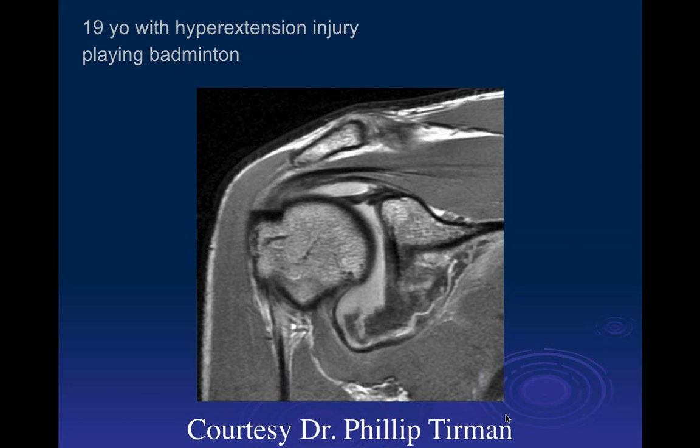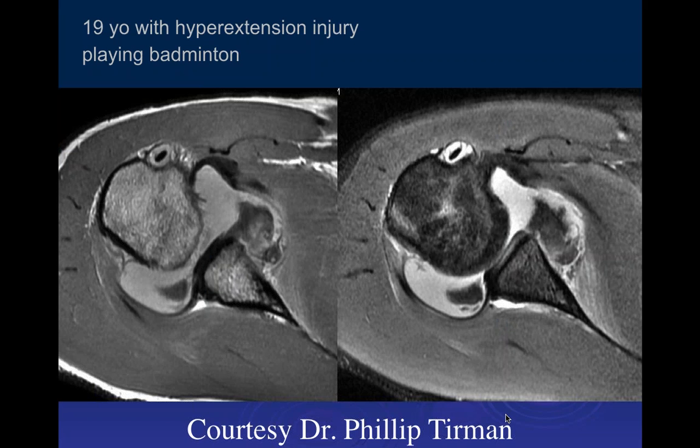Okay. Jonah, what do you think of this case? All right, so here's a 19-year-old with a hyperextension injury playing badminton. And okay, so it looks like we have another HAGL type lesion, inferiorly, perhaps. And okay, so now we've got a couple of axial images, and I guess we're confirming that.